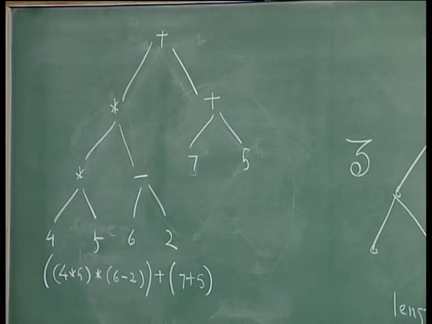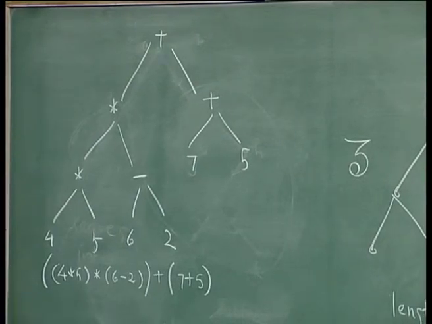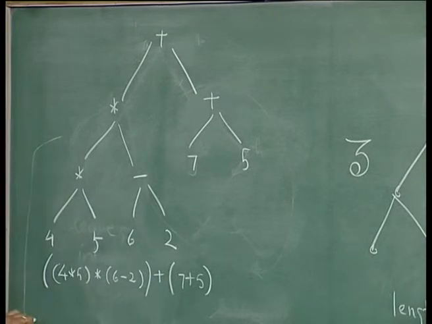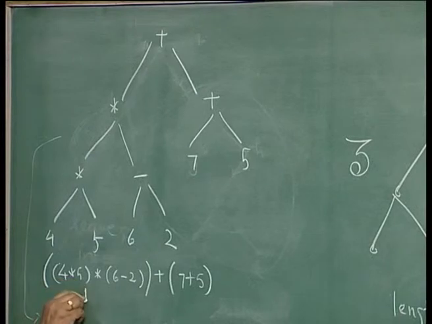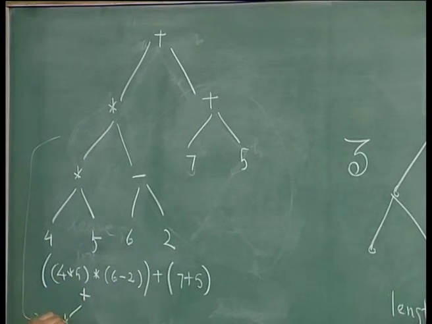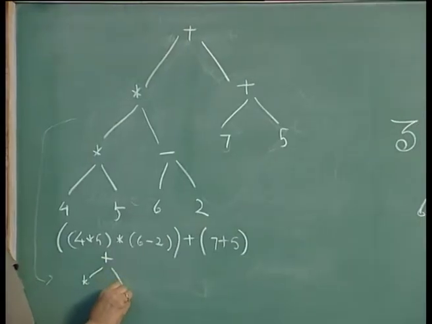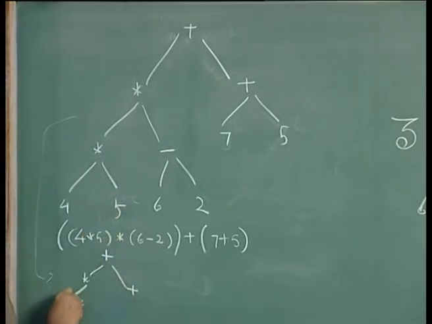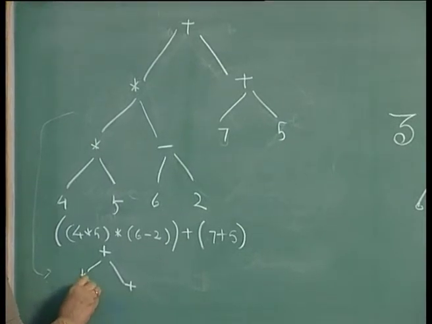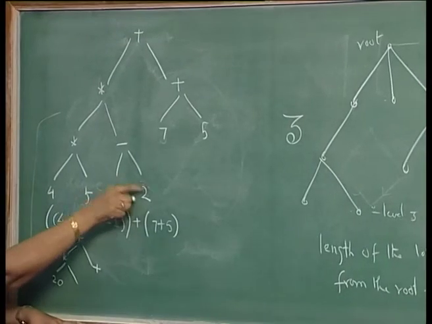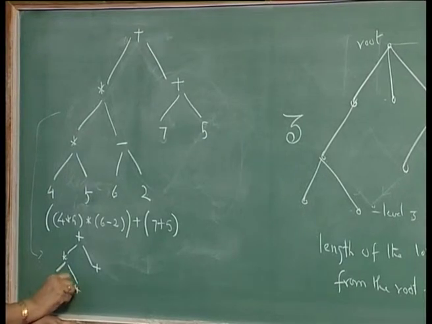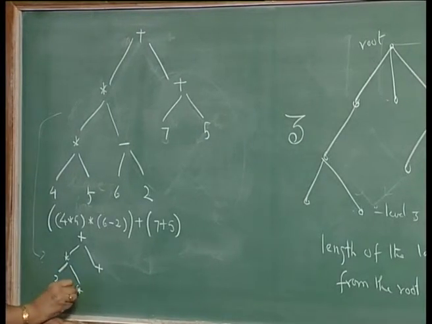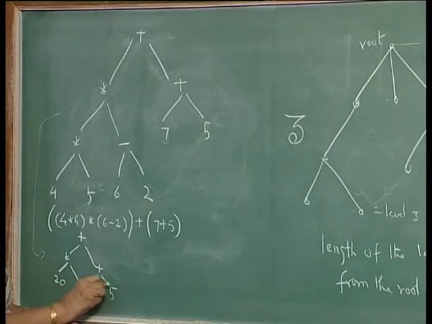Now, how do you evaluate this? Level by level you can evaluate. So, if you try to evaluate this, 4 star 5 is 20. So, this will be plus, star, plus, and here the evaluation gives you 20, and here 6 minus 2 gives you 4, and plus 7, 5 you have.